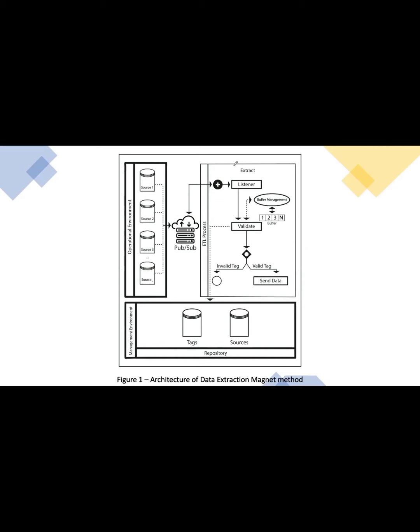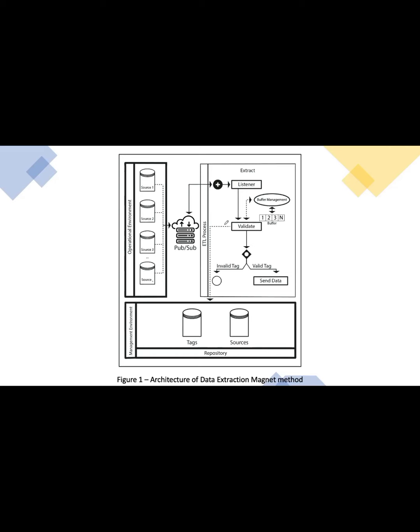Once received, the data extraction magnet is composed of a listener component that is responsible for listening to the broker and receiving the data that arrives from the operational environment. Once received, the listener sends this data to the validate process.